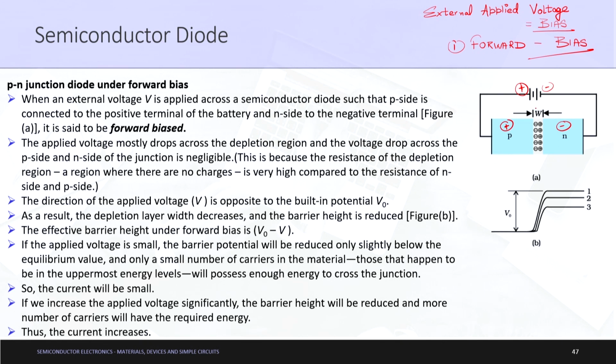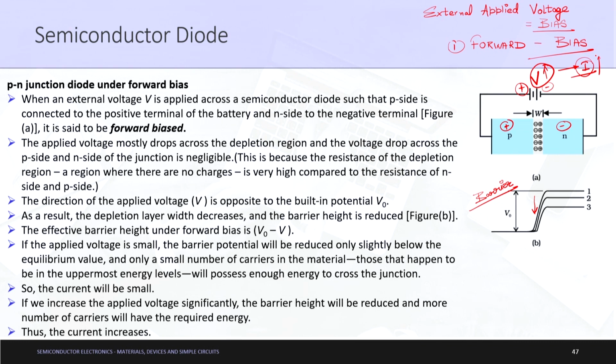Then, when current flows through this circuit, there is a decrease in the barrier potential, correct? So, with an increase in the supply voltage, there will be an increase in the current.